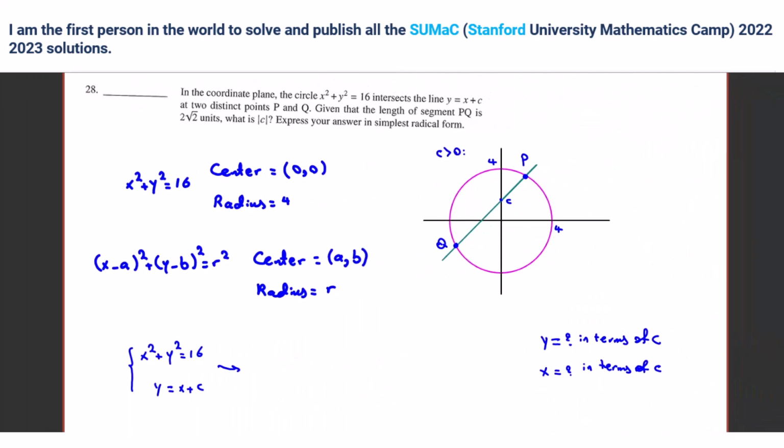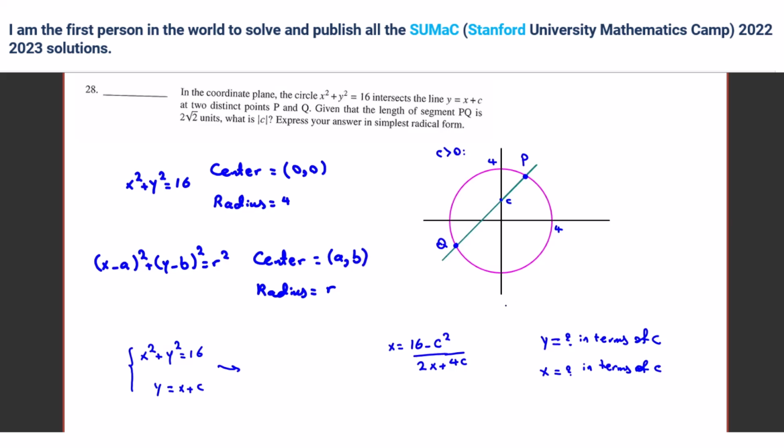x equals 16 minus c squared over 2x plus 4c. But let me write. x is equal to what? 16 minus c squared over 2x plus 4c. So look, this x is not in terms of c because it has x again.